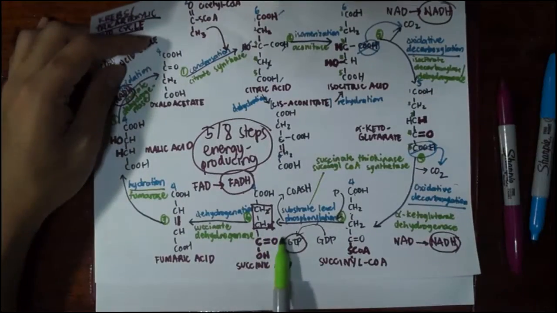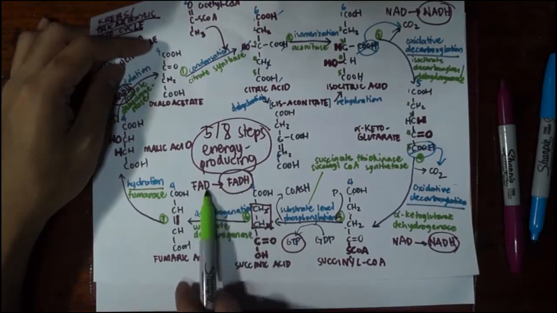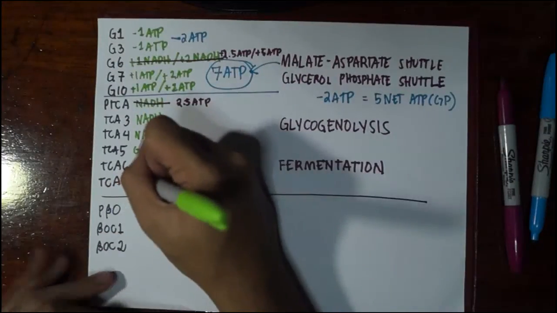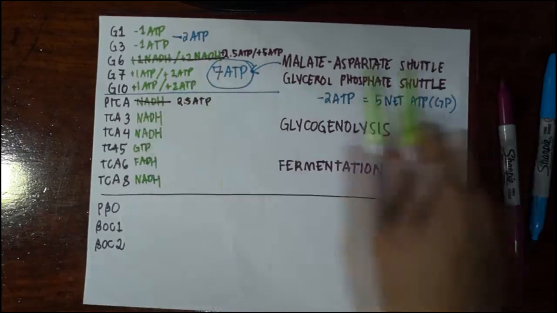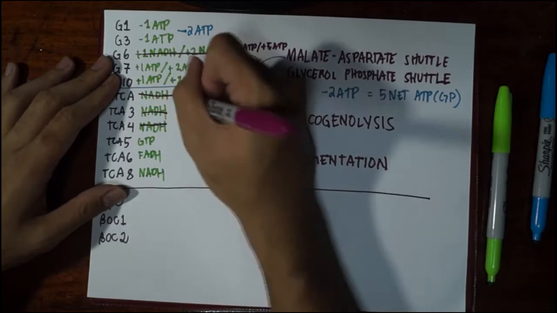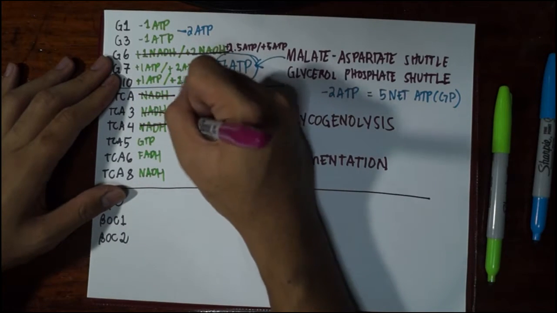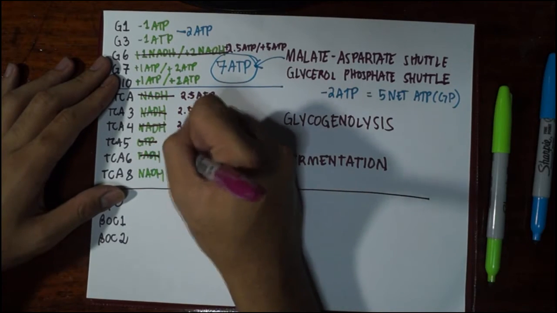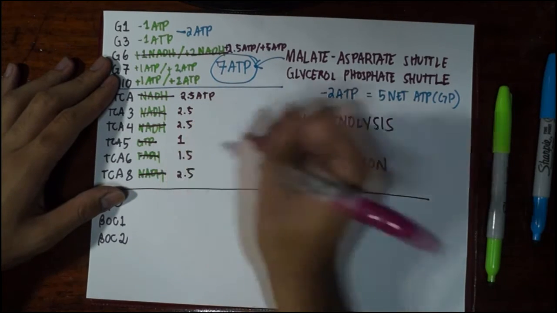Step number 6, this one, FADH. Step number 8 is NADH. So if we convert that, it's all 2.5, 2.5, GTP is equivalent to 1, FADH 1.5, and another 2.5.